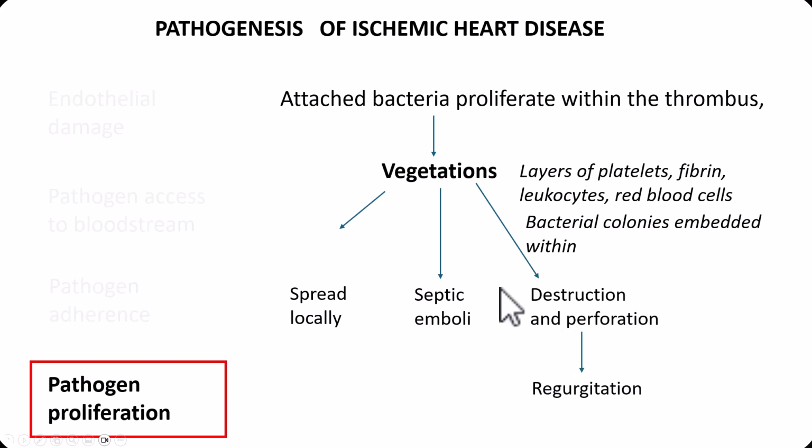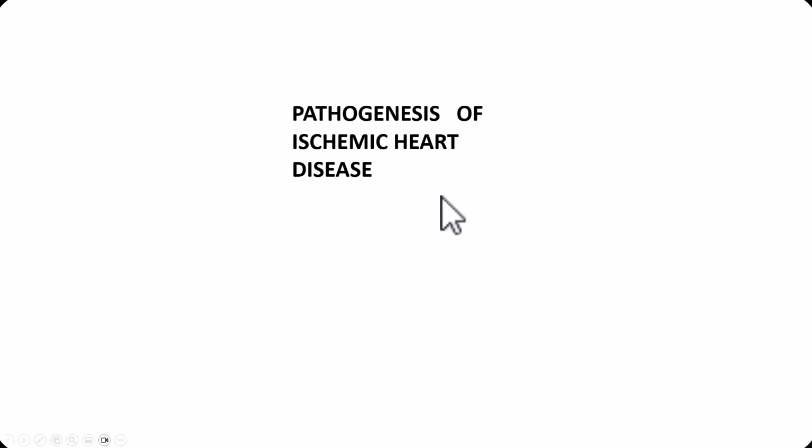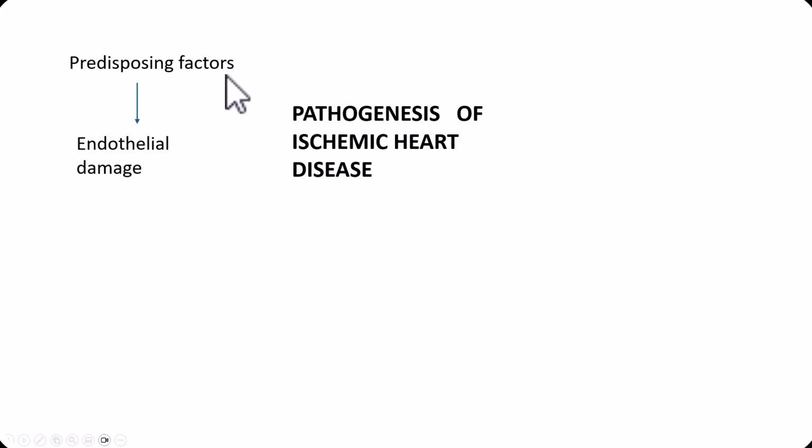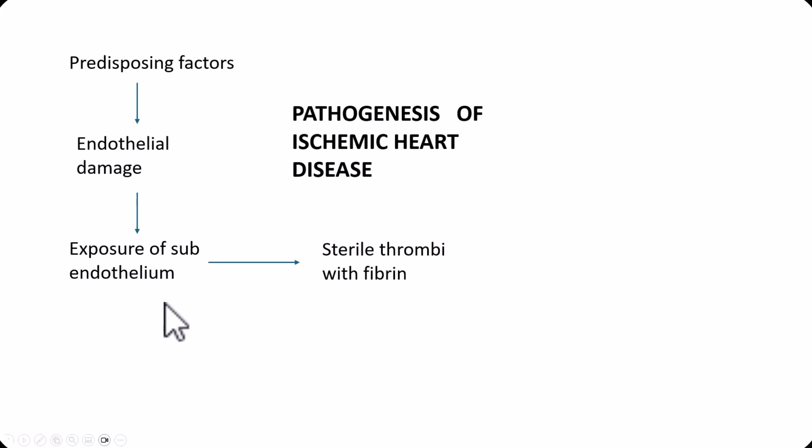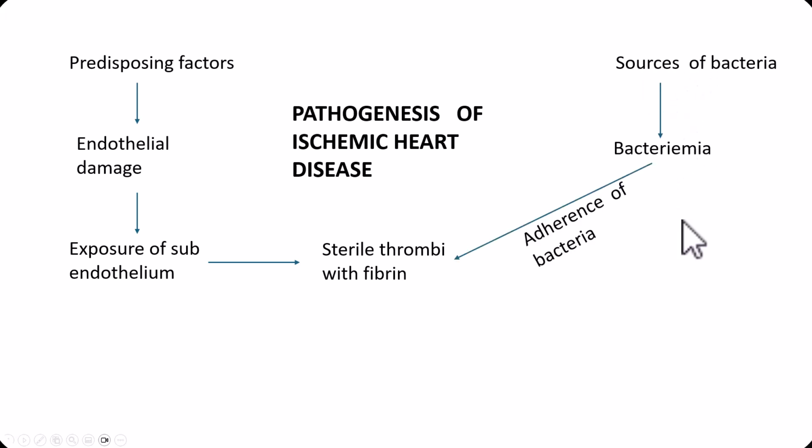I hope by now you would have understood the concepts of pathogenesis of infective endocarditis, right? So we saw that there are various predisposing factors which can lead to endothelial damage, which further leads to exposure of subendothelial collagen. There is formation of sterile thrombi with platelets and fibrin. Now, on the other side, there is bacteremia because of the various sources of bacteria which I had mentioned.